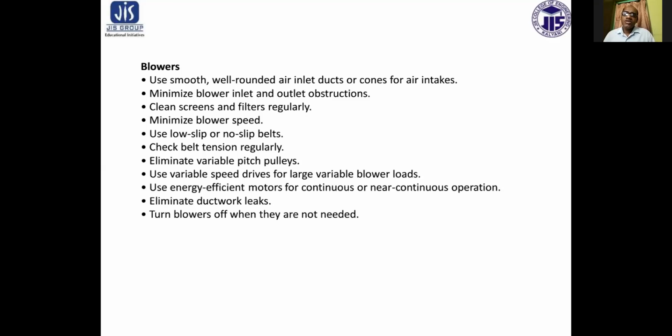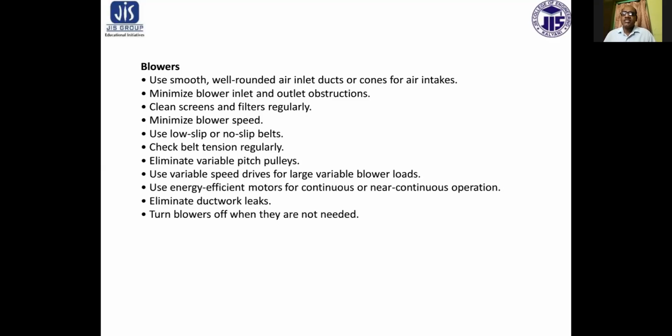Blowers. Use smooth, well-rounded air inlet ducts. Minimize blower inlet and outlet obstructions. Clean screens and filters regularly. Minimize blower speed. Use low slip or no slip belts.